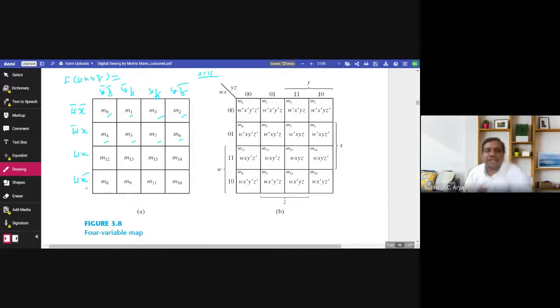That is why m8 starts from here. So how will it be? W with respect to this one, what is the minterm? W X bar Y bar Z bar. So 1 0 0 0 is nothing but 8. So m8, m9, m10, m11, m12, m13, m14, m15. And in expanded form, it is written here.